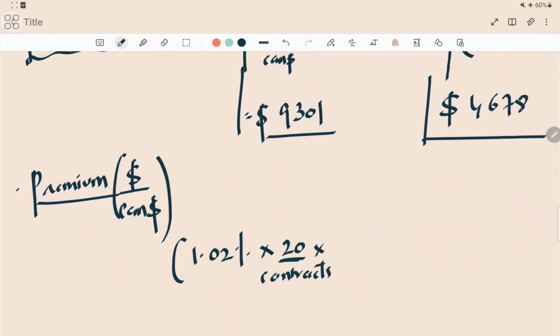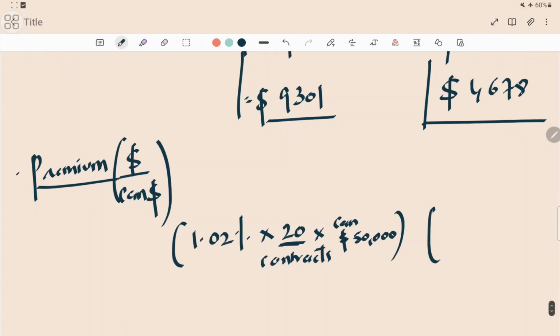So 20 contracts into 1 contract is equal to Canadian dollar 50,000 contract size. Similarly here also we do. Here it was 1.64% into 14 contracts using call option strategy into 1 contract size is Canadian dollar 50,000.